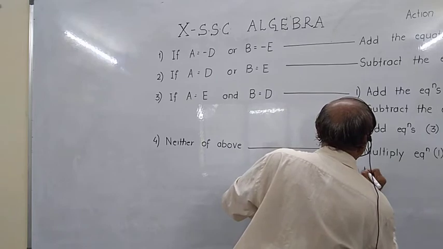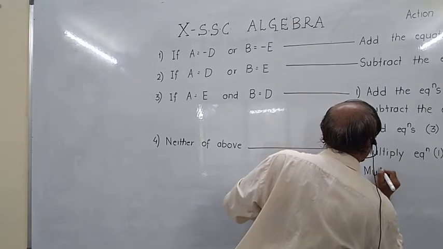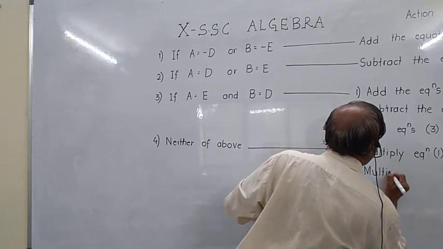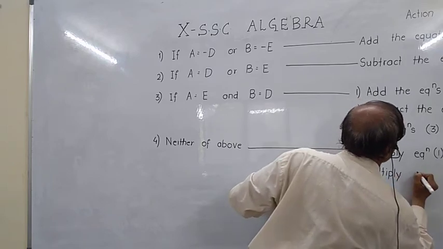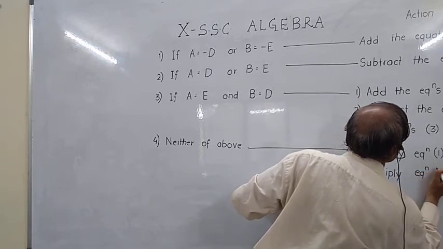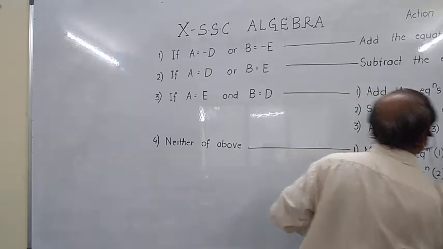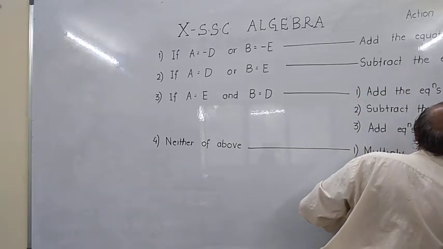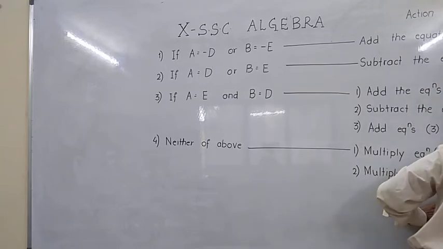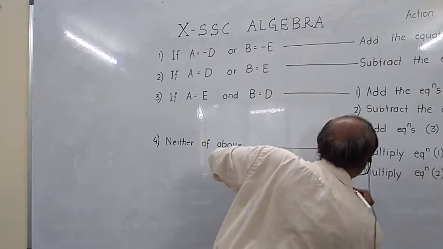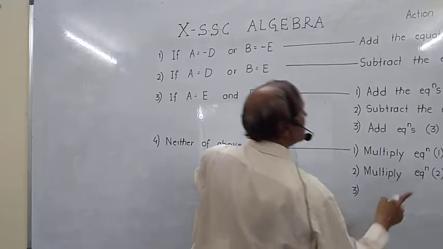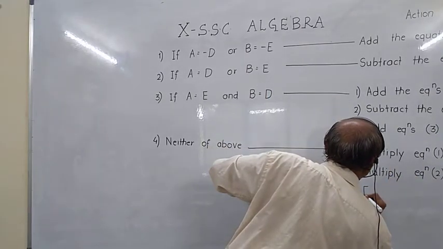Second, multiply equation 2 with a. This is your equation 4. Third, subtract equations 3 and 4.